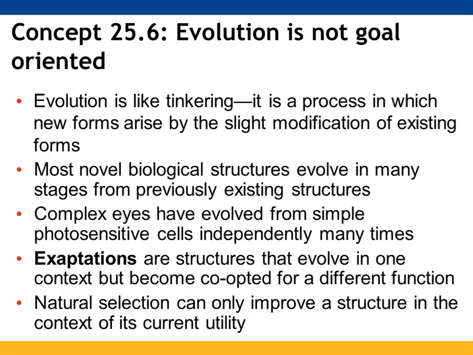Complex eyes have evolved from more simple photosensitive cells that were able to evolve multiple times. Exaptations are structures that evolved in one context but then got used for another function. Natural selection can't create structures, but it can lead to an improvement in structures in the context of how it is currently being used.